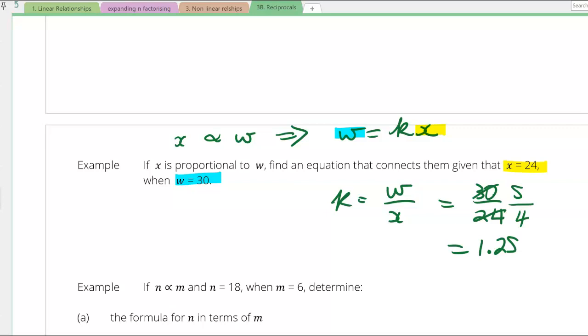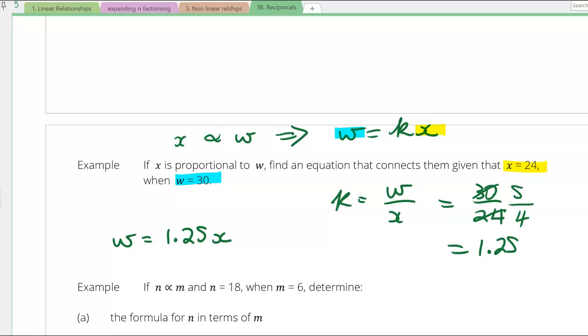That tells me that whatever w is, it's 1.25 times x. That's how we determine it, by doing that division. So then putting those numbers back into the equation, w equals 1.25 times x.